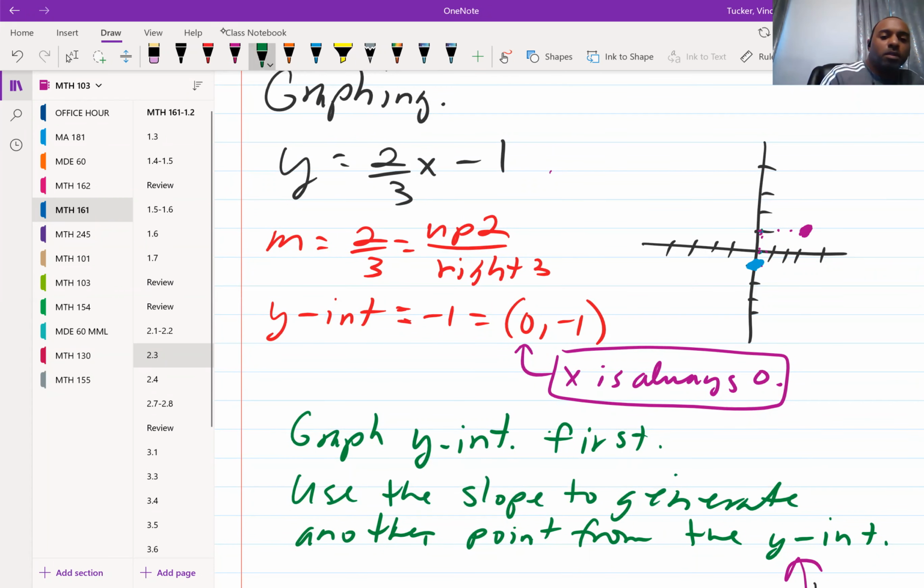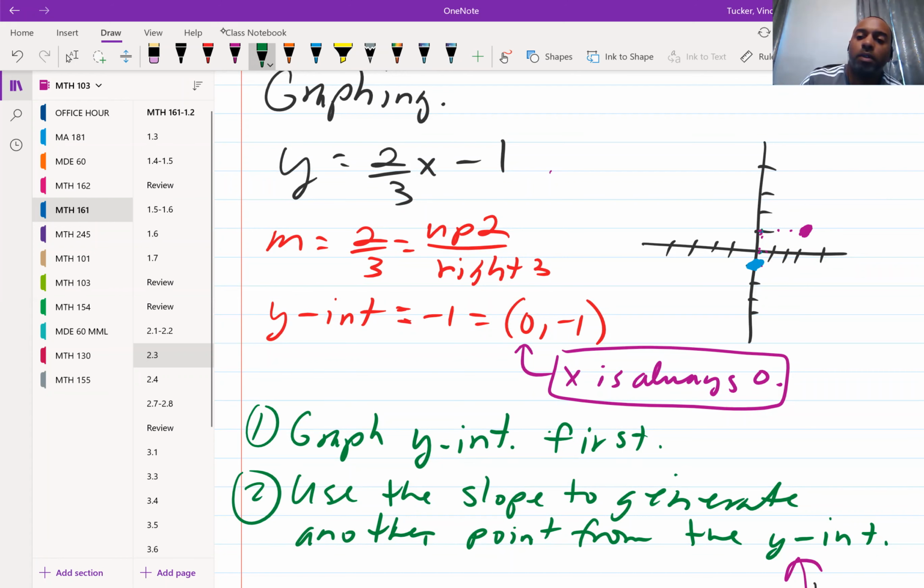So here are your steps. First thing you're going to do is graph the y-intercept. So that's always the first move to make. All right.